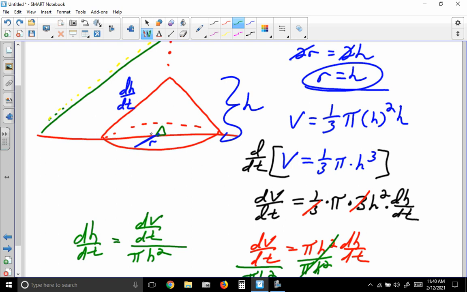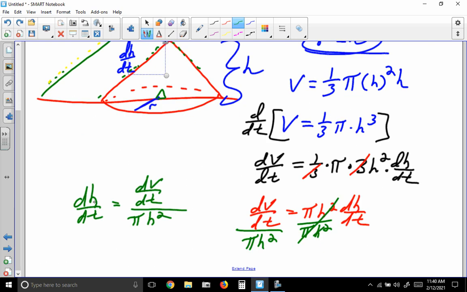It's not going to be far to spread out. But when it's pretty tall, when you pour sand on it, the sand is going to be running down the sides, and it's going to cover that whole surface. The height is not going to change very much. So the rate at which the height is changing is related to how tall it is. At different heights, it's changing at different rates.